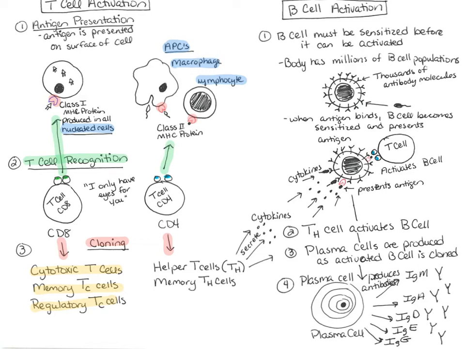The T cells can also differentiate into helper T cells. Helper T cells do several different things, but one of the things they do is activate B cells. When B cells become activated, they produce plasma cells.